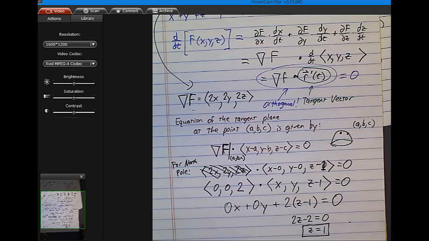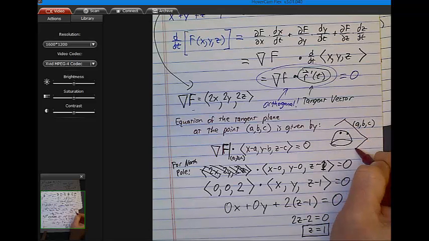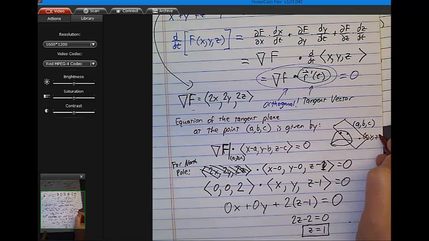Well, no, here's why. We want x, y, and z to represent points. The combination x, y, z, we want that to be points on the tangent plane. So in general, x, y, z is some point somewhere on the plane.